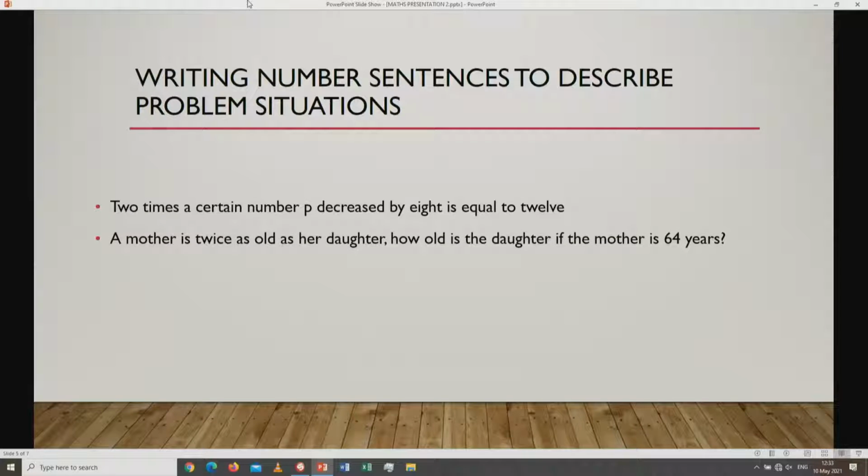Right. Let us take a look at this one. It says a mother is twice as old as her daughter.